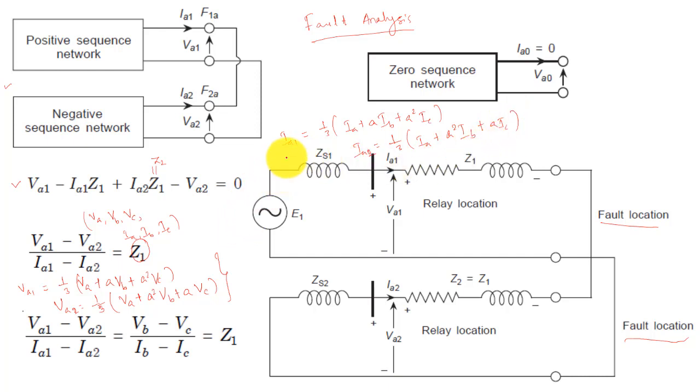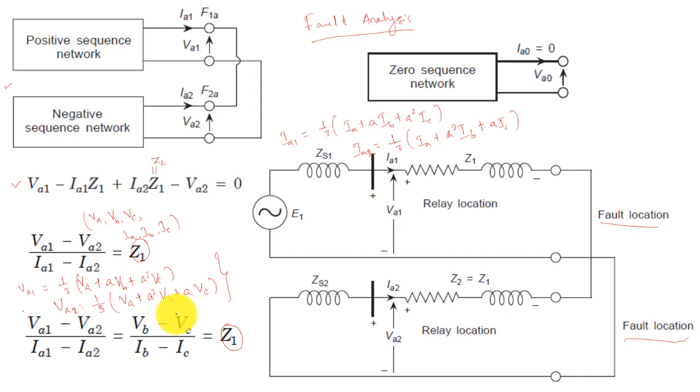Now substituting the currents and voltages in this equation, we will find VB minus VC by IB minus IC equal to Z1. Now our purpose is fulfilled, because Z1 is represented in terms of the phase voltages and phase currents, which are the measurable parameters. In fact, we are measuring the phase voltages and phase currents, or line voltages and line currents. VB minus VC, I can say, is the line voltage, right.